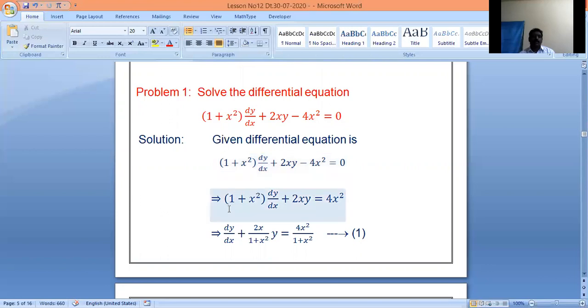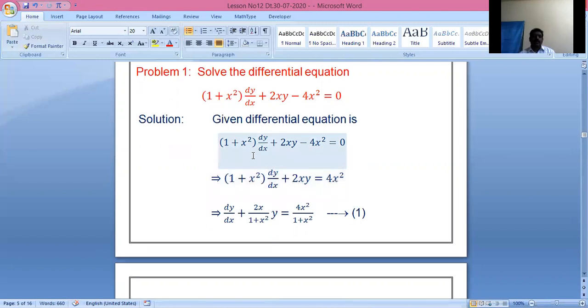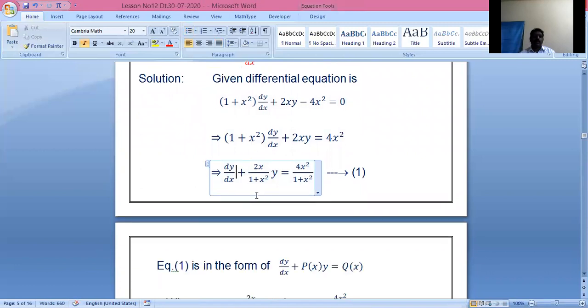That implies (1 plus x square) into dy by dx plus 2xy is equal to 4x square. By dividing by 1 plus x square on both sides, we get dy by dx plus 2x by (1 plus x square) into y is equal to 4x square by (1 plus x square). Let this be equation 1.